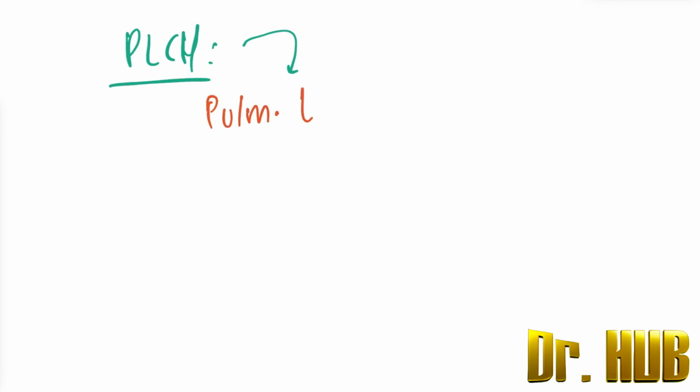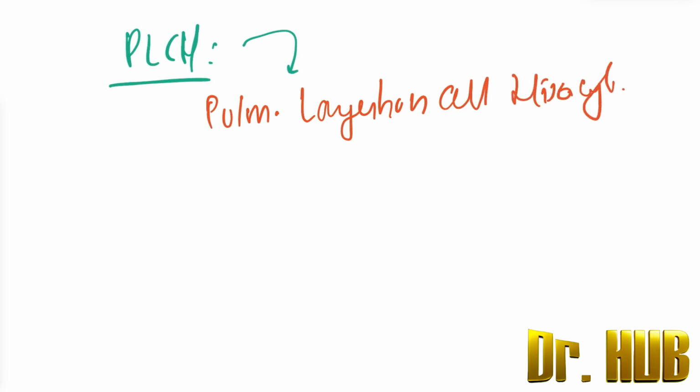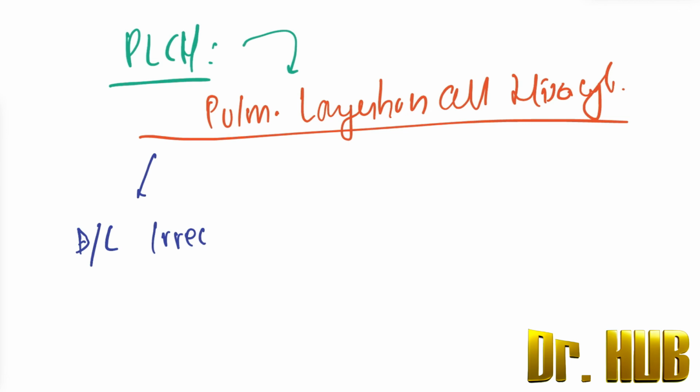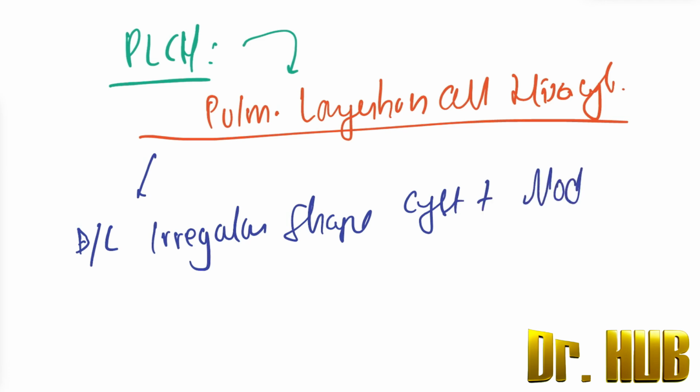There are bilateral irregular shaped cysts, and they contain nodules. It is predominantly present in the upper lobe, that is the UL.